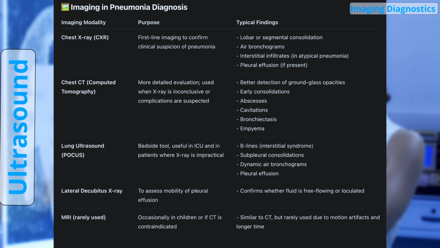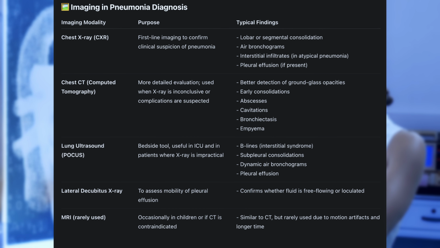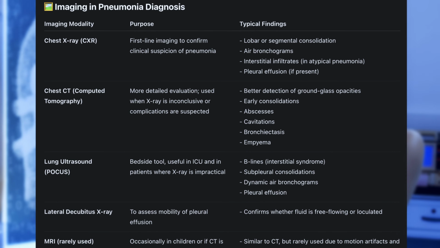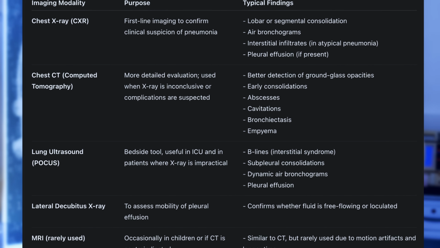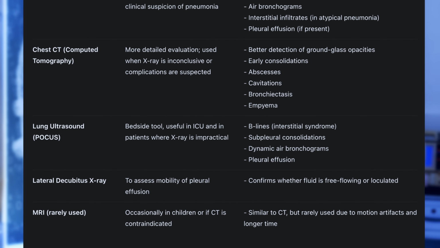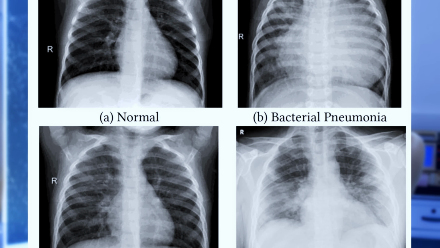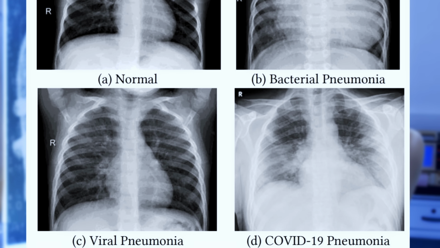Here you can see imaging modalities used to diagnose pneumonia, their purpose, and the typical findings you can expect. The most used are chest X-ray, chest CT, lung ultrasound, lateral decubitus X-ray, and MRI. The chest X-ray is the first-line imaging to confirm clinical suspicion of pneumonia.